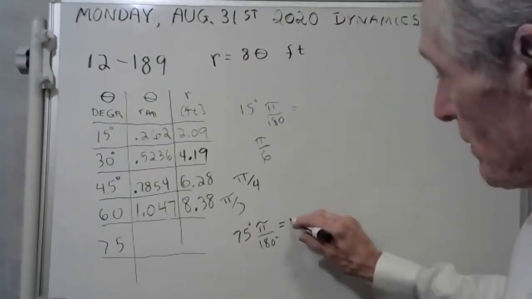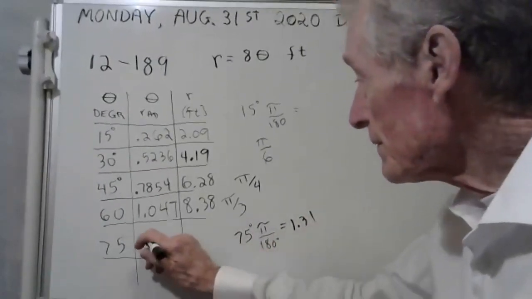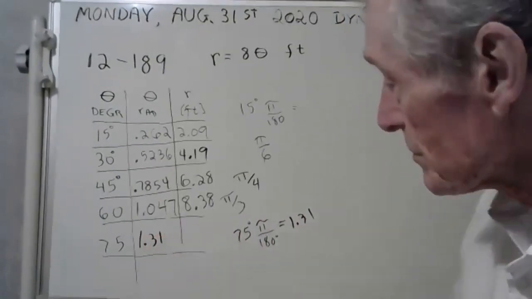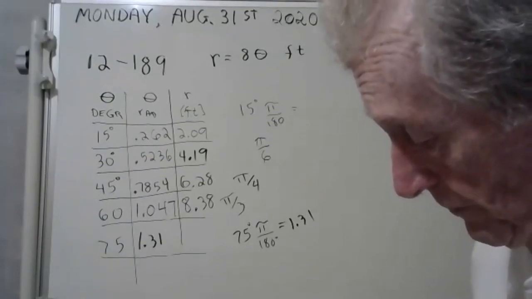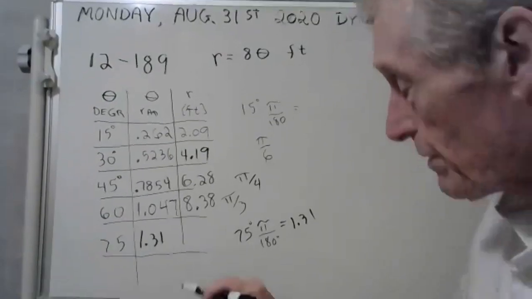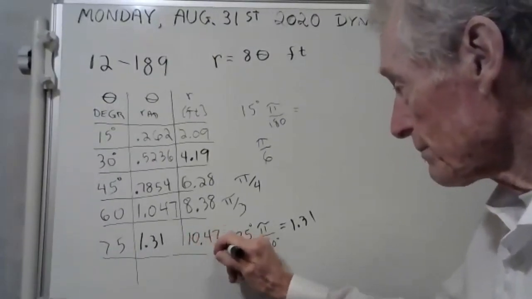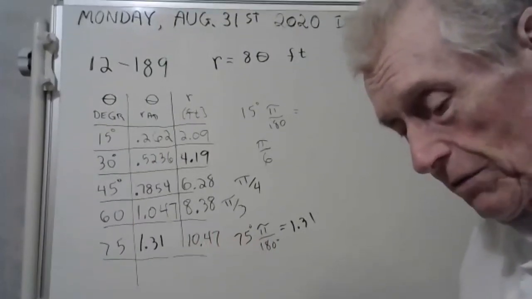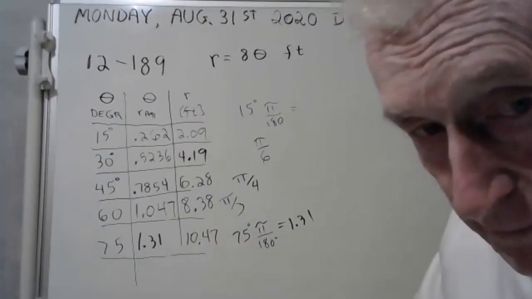I'm getting 1.31 radians. And the distance from the origin would be, multiplied by 8, 10.47, something like that. Did I lose anybody? I'll be glad to go back over any of that. Are you okay with that so far?